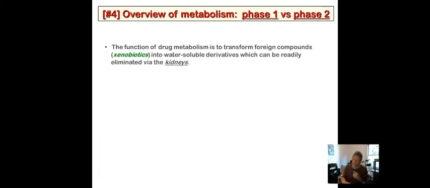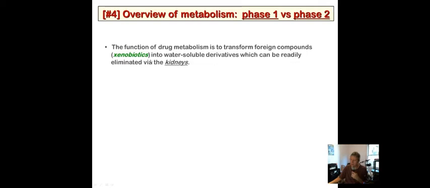Okay, so the function of drug metabolism is to transform foreign compounds, we call them xenobiotics, which is just anything that enters our body, into water-soluble derivatives, which can be readily eliminated by the kidneys. Why do we have this function in our bodies? I think if you consider evolution, our bodies are probably always afraid of foreign substances, right?